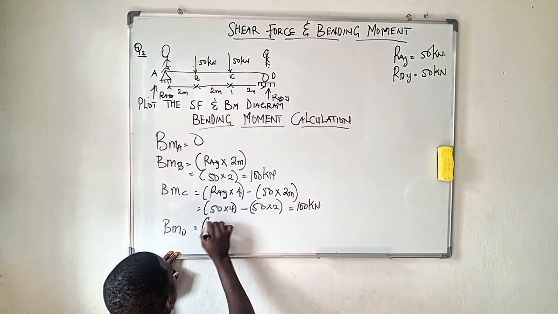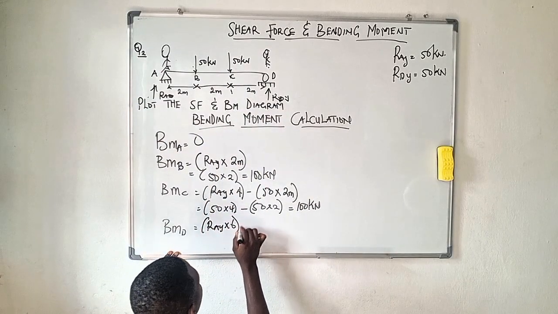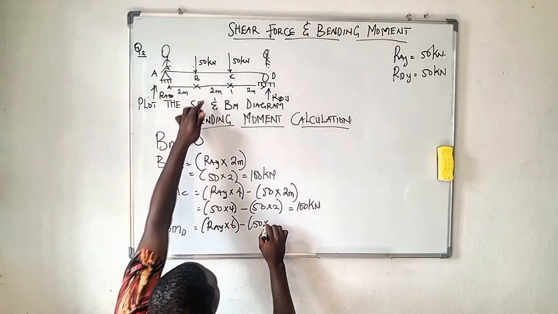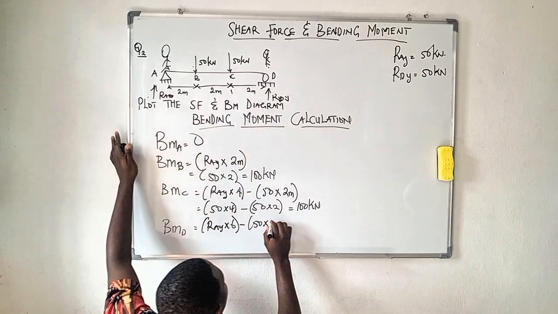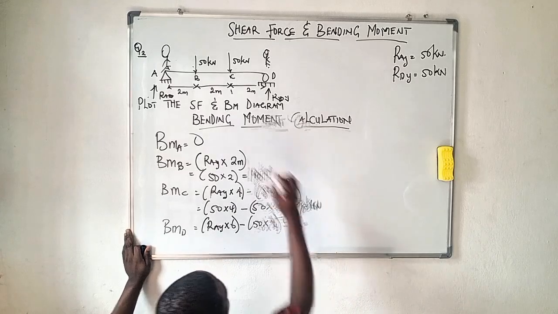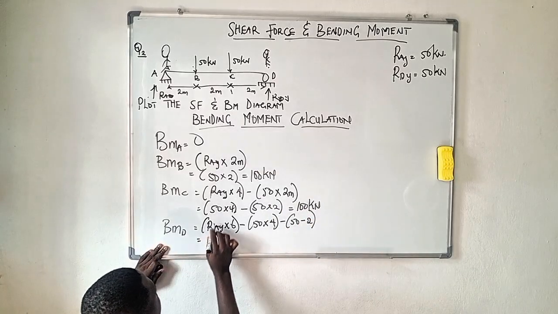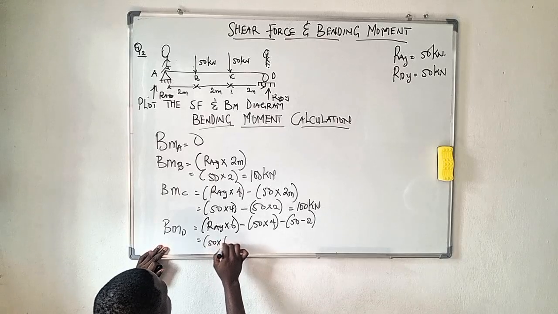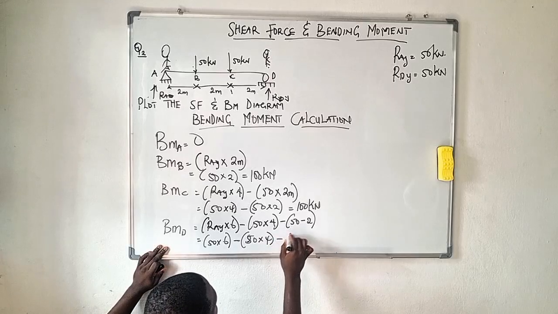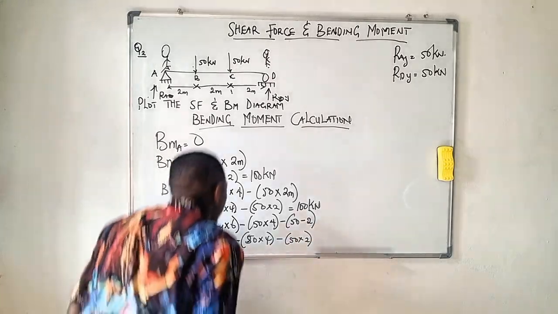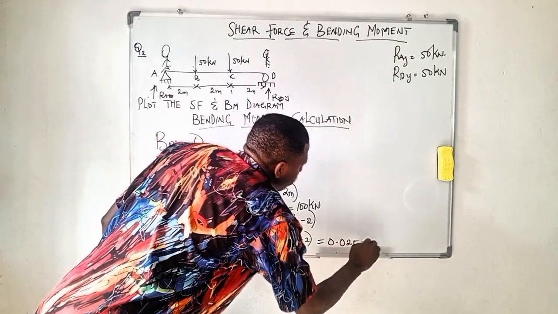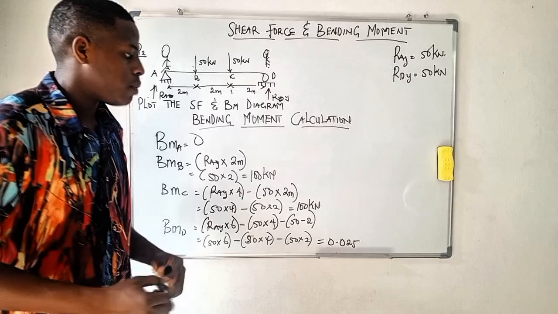So we have Ay times 6, minus, because of the downward point load, 50 times 4, minus another point load, 50 times 2. This is 50 times 6 minus 50 times 4 minus 50 times 2. Now, if you do your calculation, this is equal to 0.1025.